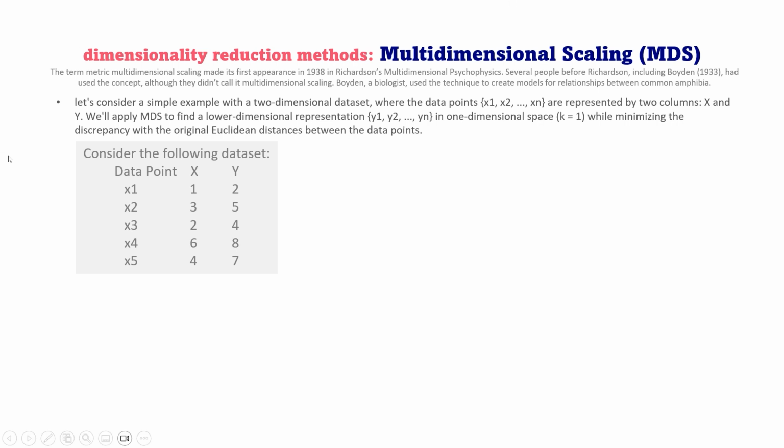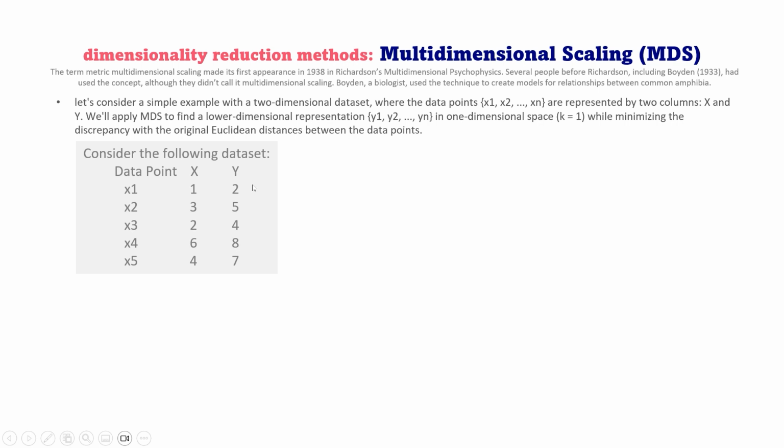So to do that, we need to understand more about the data set that we have. In this data set, we have a total of 5 data points, 5 records or 5 observations. So our n is equal to 5, and we want to find a one dimensional representation.